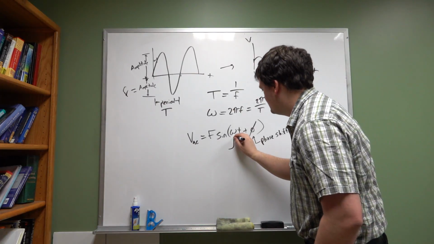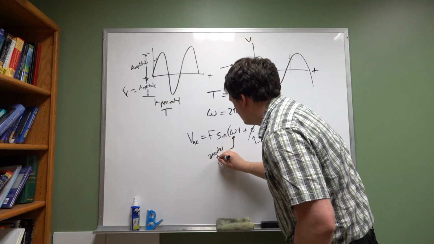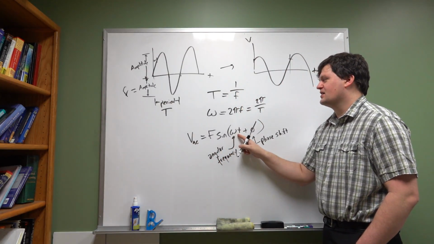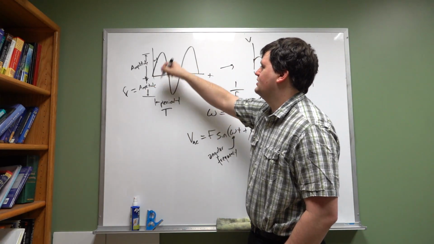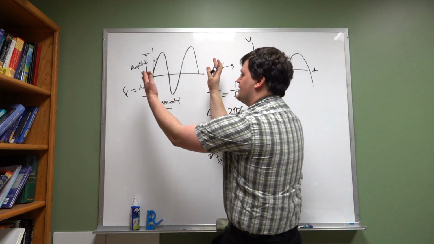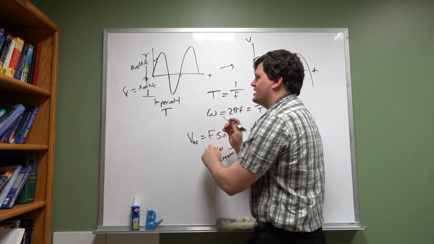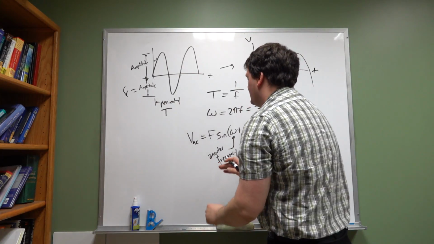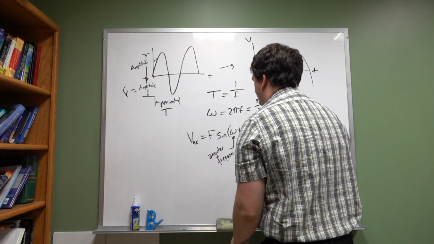Okay, so this is angular frequency. The higher this number is, the faster you see this oscillate. The more peaks you see in the same amount of time, the more scrunched it is. So if we increase omega, this entire thing gets scrunched up to the left. If we decrease omega, this stretches out to the right.